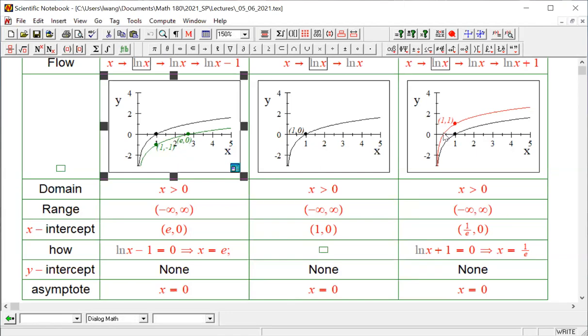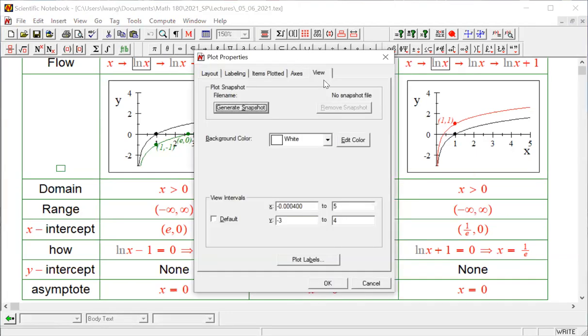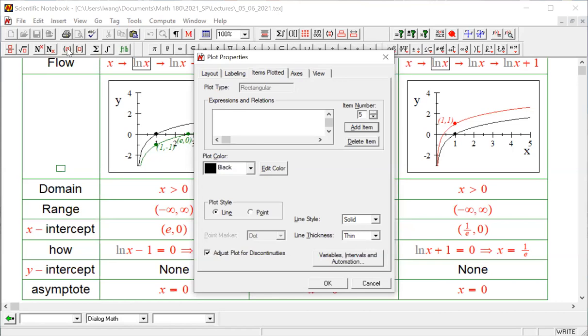And this red dot is 1 over e comma 0. Red dot, that's the x-intercept.